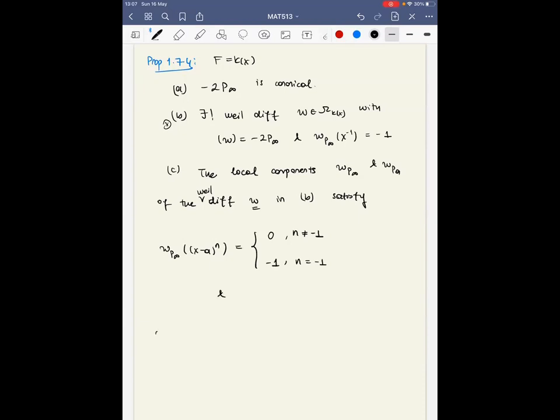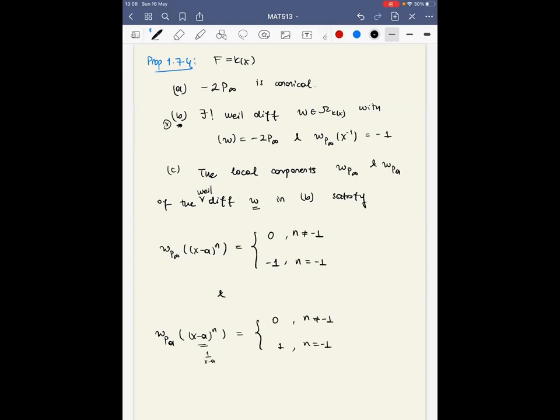And similarly, we will see that the local component of this Weil differential at rational places pa are determined for the specific functions in the function fields: whenever n is -1, so that means this is the function 1 over x minus a, we have this local component as 1, and otherwise we have 0.